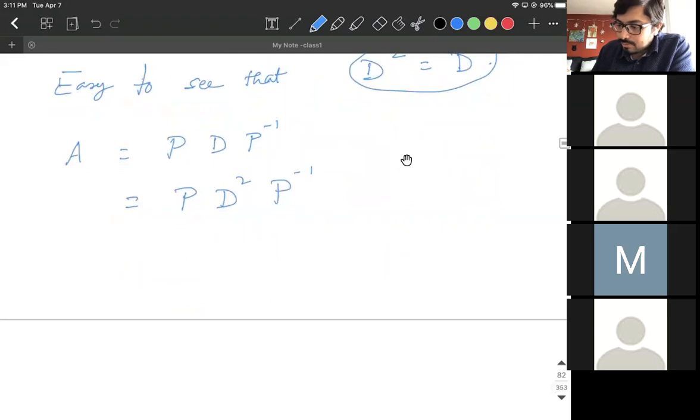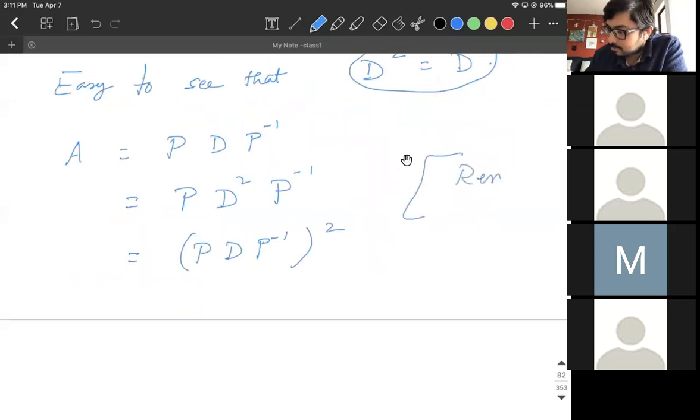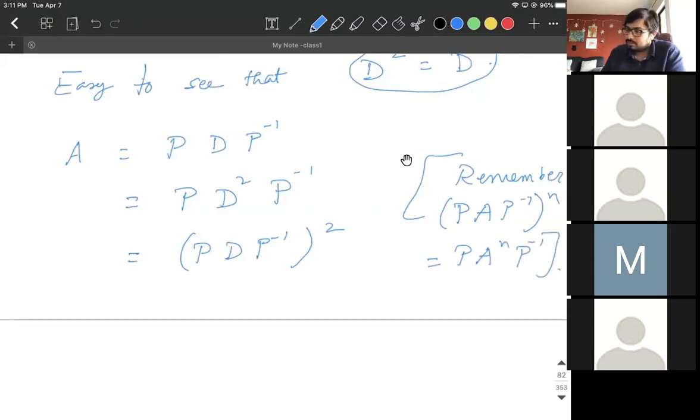Now using this property, this P D square P inverse is P D P inverse squared, right? So remember that something like P A P inverse to the n is P A to the n P inverse, right?